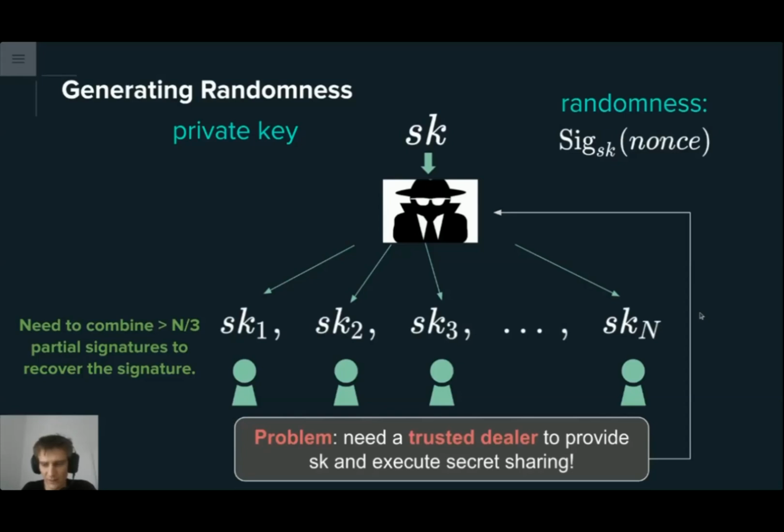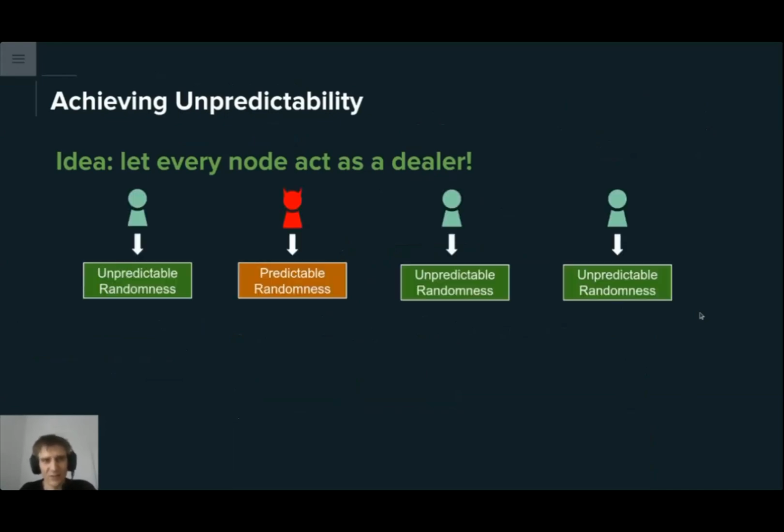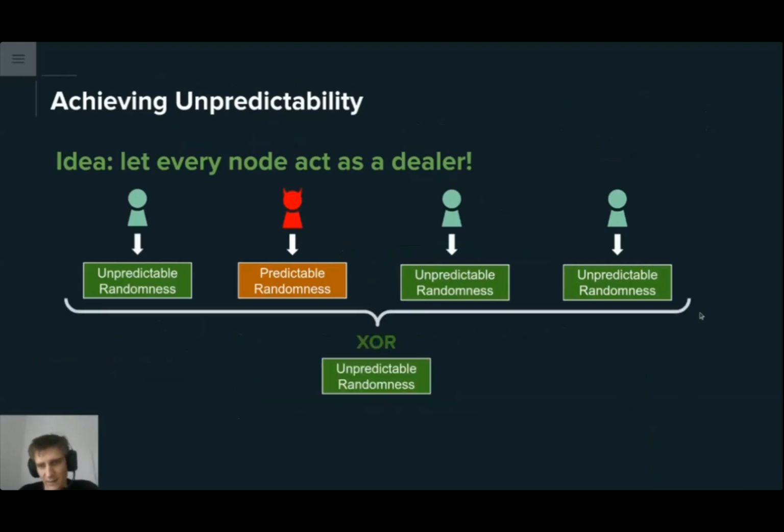So how can we circumvent that? Well, there is this idea which has been around for quite a long time, which is to let every node act as a dealer. If we do that, then there are lots of honest nodes, and if we combine all the randomness sources, we get an unpredictable randomness source, because most of them are honest and we can trust them.